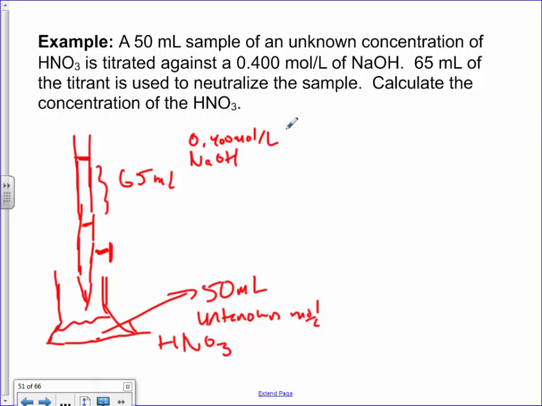In a lab setting, you couldn't trust that number because you didn't make it yourself from scratch. Does that make sense? But in the context of this question, we have to assume that you have already made it from scratch, and that number is trustworthy. Like in a lab setting, if I give you a flask and say, here, trust me, this is 0.400 moles per liter, you would never do that. You can't trust its authenticity. But here, I guess we can.